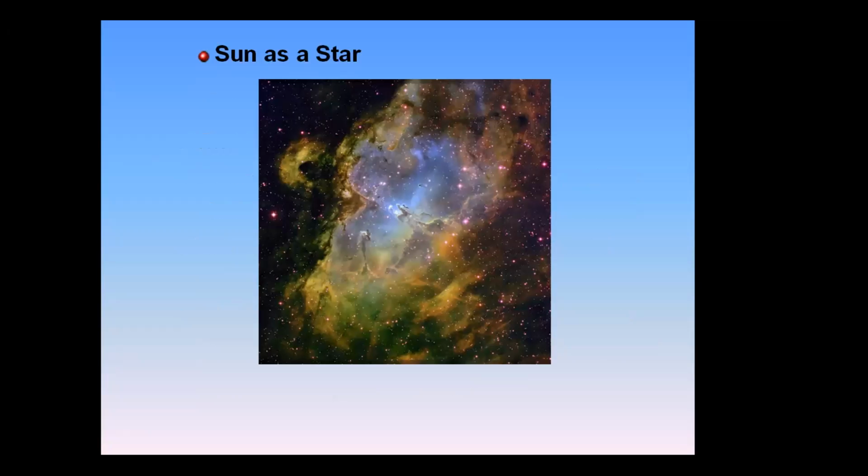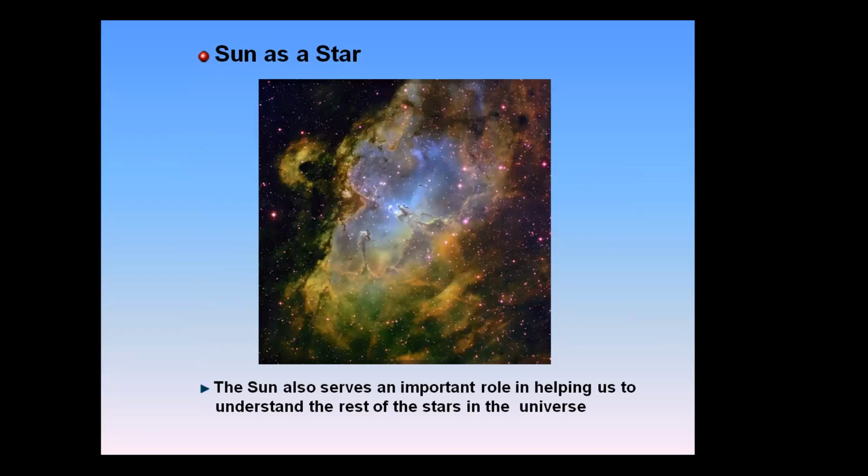So that is from the side of space weather. Then we can also study the sun as a star. The sun serves an important role in helping us understand the rest of the stars in the universe, because it is the closest star to us, that we can at least reach.